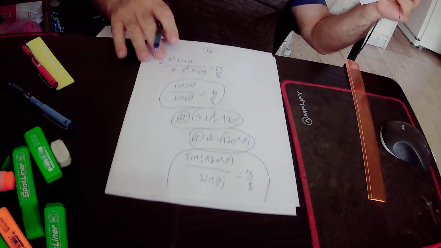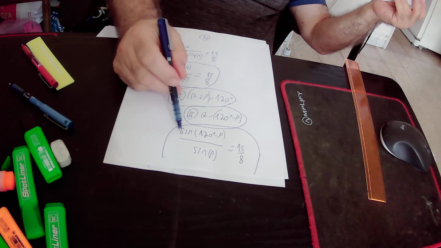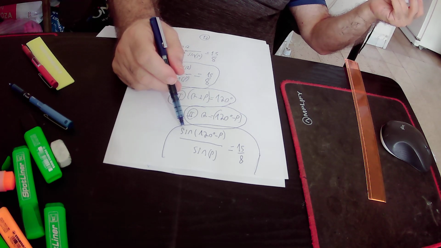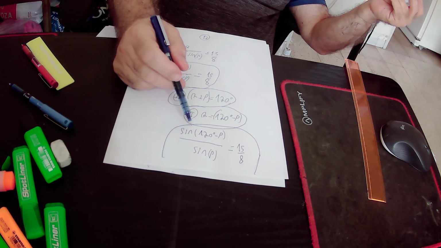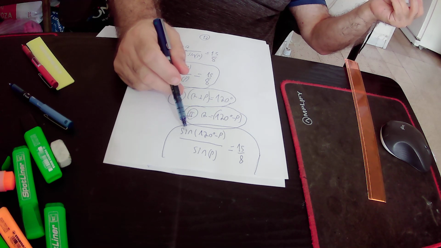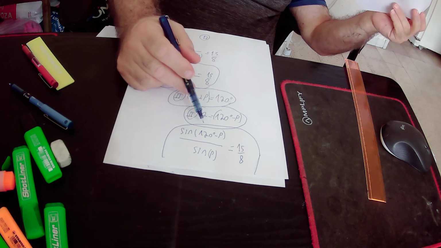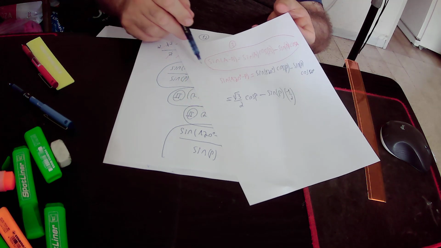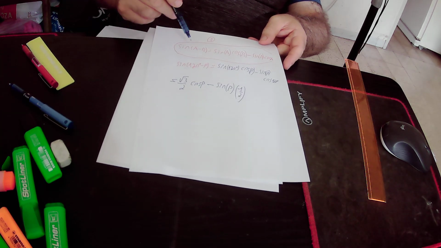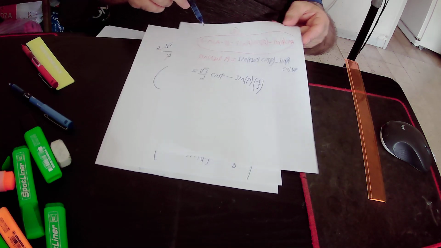But we have our formula, so from this equality, we will substitute sine 120 degrees minus p by what we found according to this trigonometric identity.